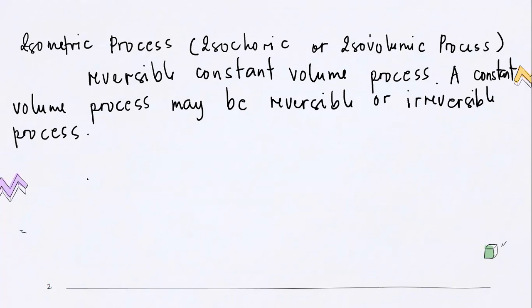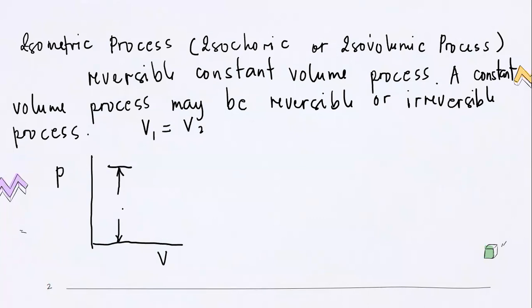Now, under the PV diagram, that is pressure volume, since this one is under the isometric process, constant volume, which means your V1 is the same as V2. Okay. Even if the pressure decreases or increases, the volume remains constant.